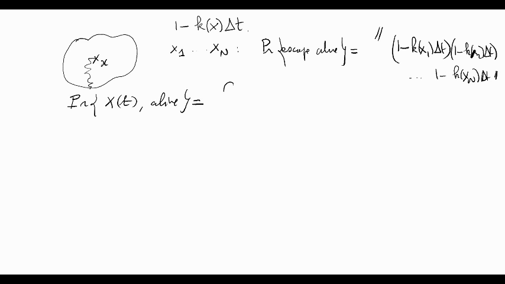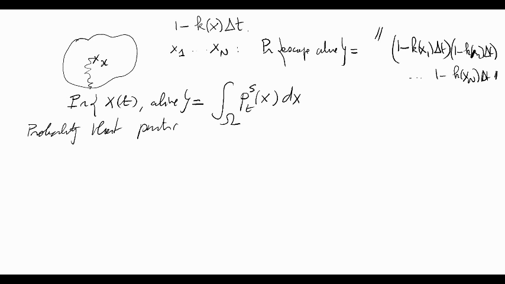This is precisely the integration of the survival probability density function over the entire domain, dx over omega. So now, what is the probability that the particle escapes alive from the domain?